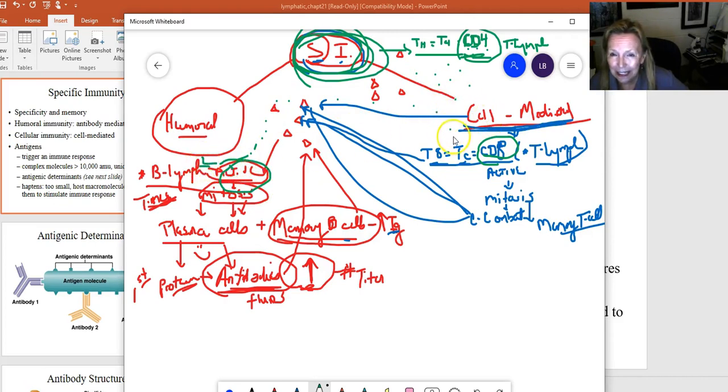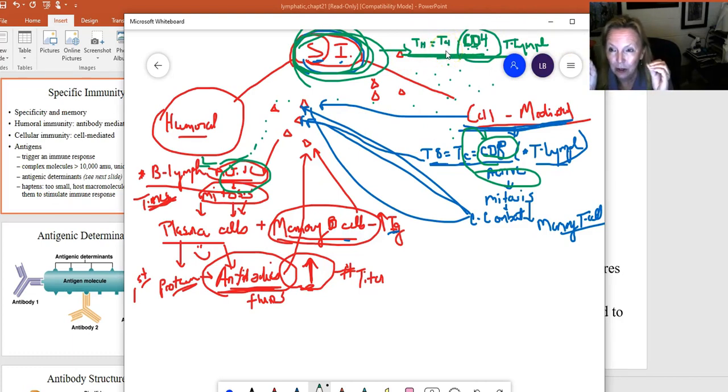They're also sending these molecules to activate the CD8 cells. Without these helper T cells, these two things don't happen. Oh my goodness. So please know about these cells.